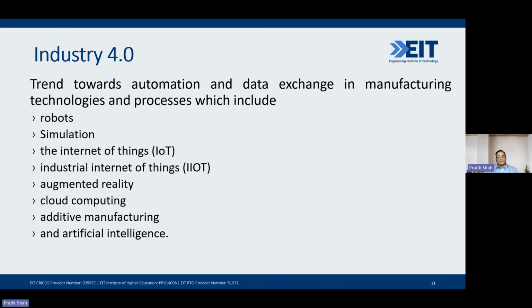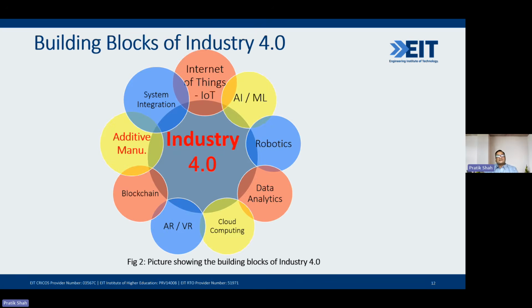I won't be going into much detail as we will be specifically concentrating on CAD and CAM and also simulation. So when we talk about Industry 4.0, I wanted to bring into account where exactly CAD/CAM fits in, and so I brought up these slides.